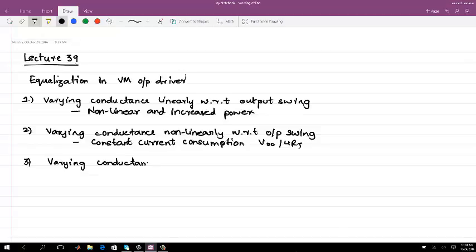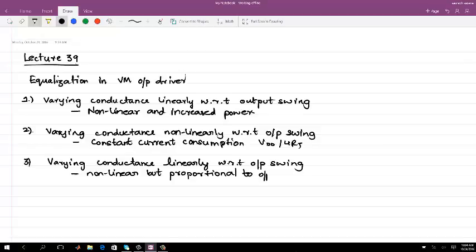There was a linear thing, varying conductance linearly with respect to output swing, and this has a non-linear current proportional to output swing. So let me just say here the current was non-linearly proportional to output swing power consumption.